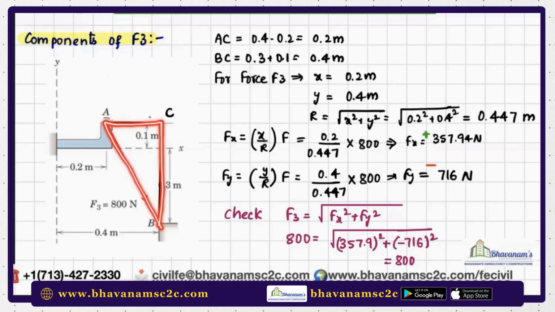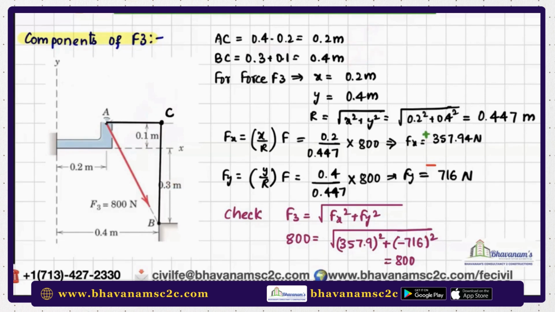After this, the AC distance they did not give directly for the triangle ACB. It is 0.4 minus 0.2. This is basic, by seeing visually, you can say that AC is equal to 0.4 minus 0.2. Coming to BC, this is 0.3 plus 0.1. They just made things a bit lengthier to check your concepts.